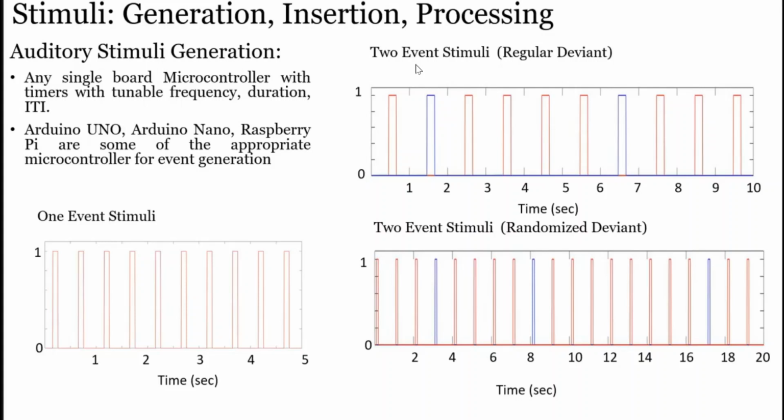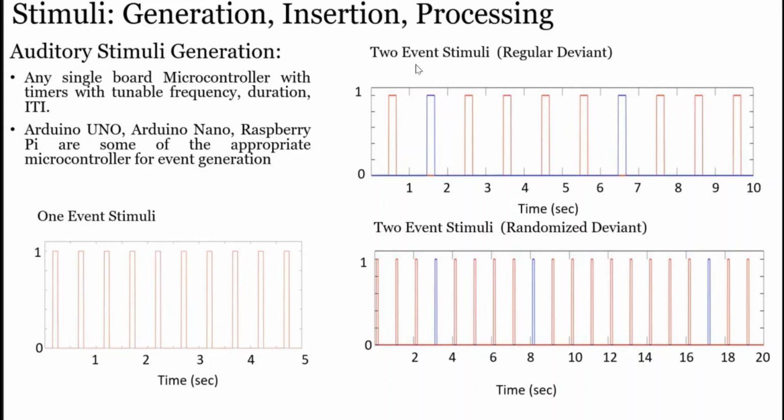Also, there is one more kind of audiometry test known as auditory brainstem response, in which a train of clicks or a train of pulses is presented. So this kind of stimulus can be generated, and I'll show you how to generate one event and two event stimuli.